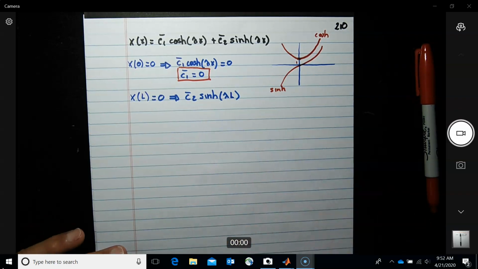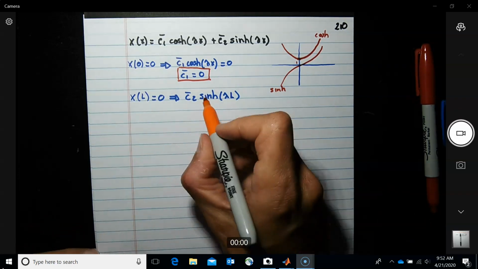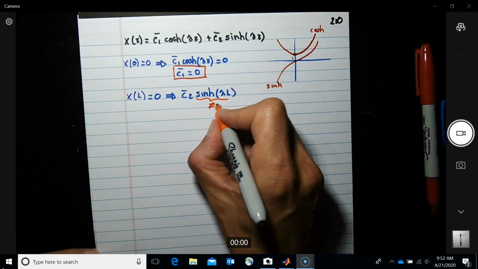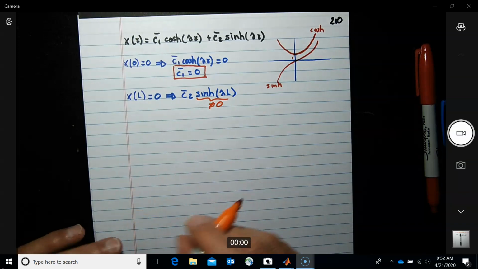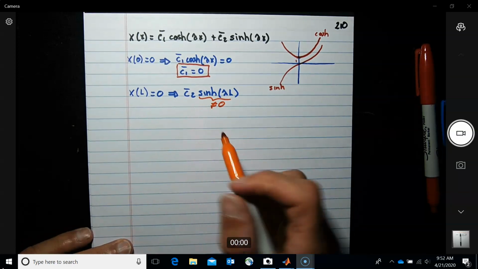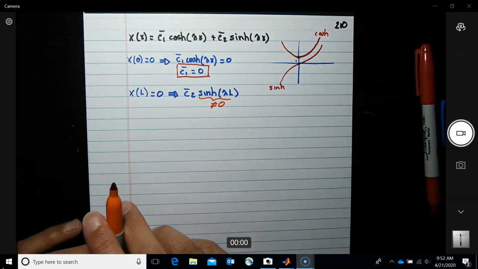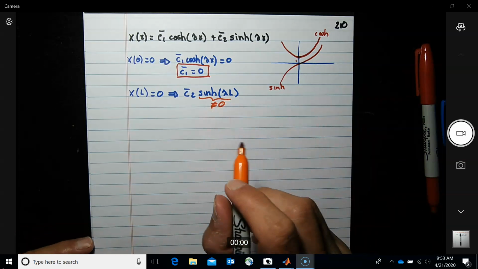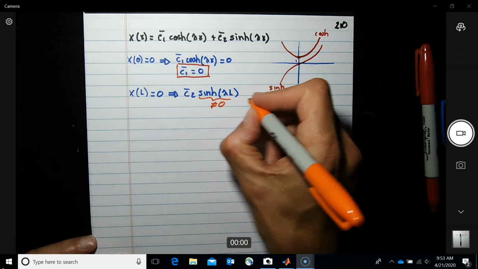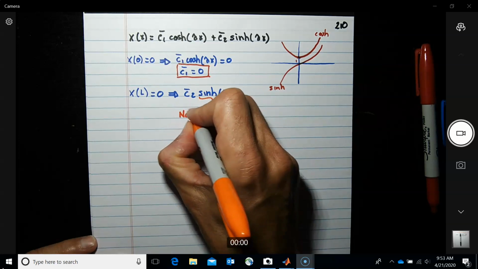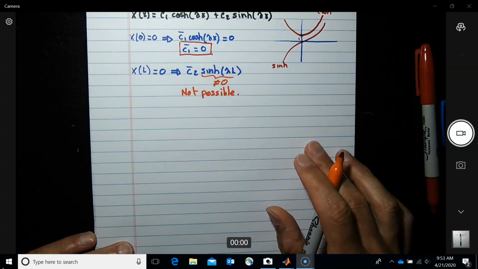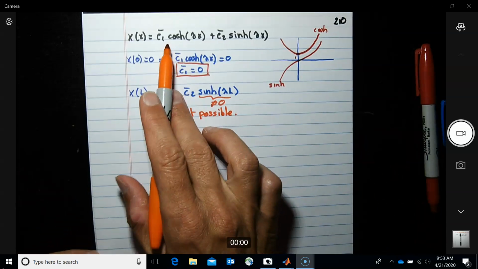So again, let's say this is different than 0 at point L. So the only possible solution is if C2 equal to 0, which is the trivial solution, which is of no interest. But again, this is not really possible, okay? So let's write right here, not possible. So again, then this is not a valid solution.